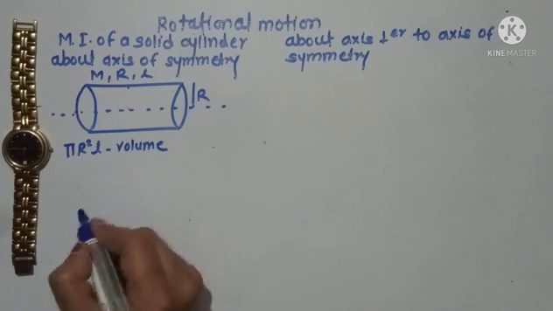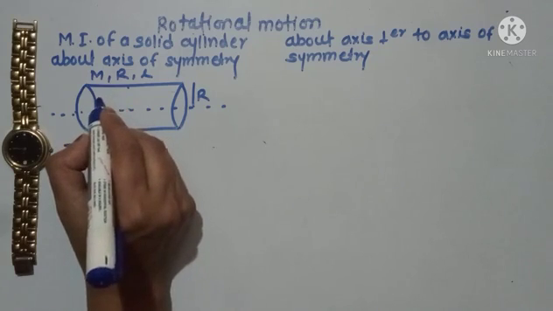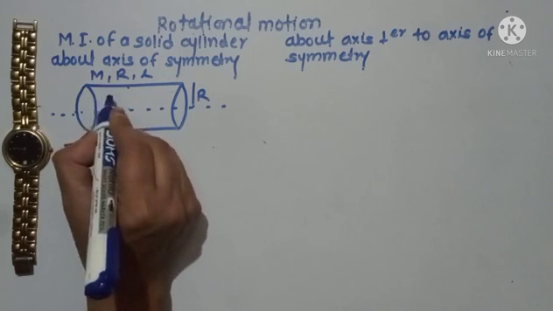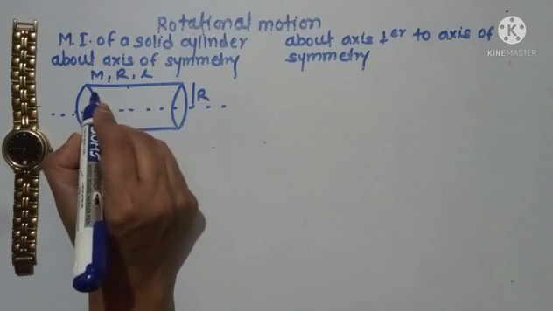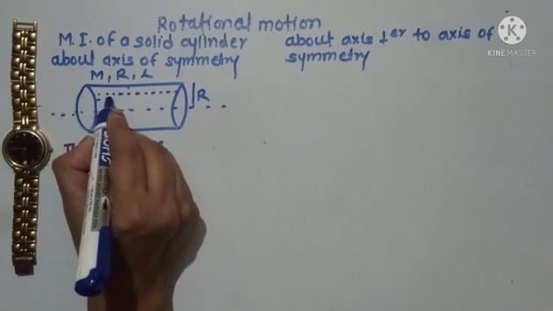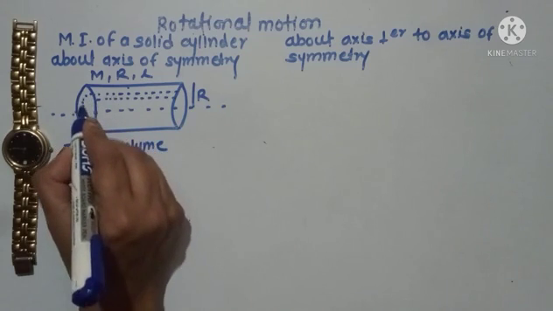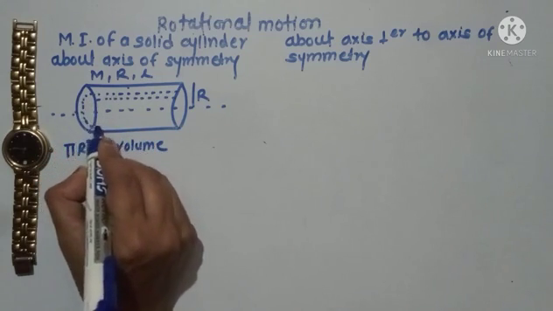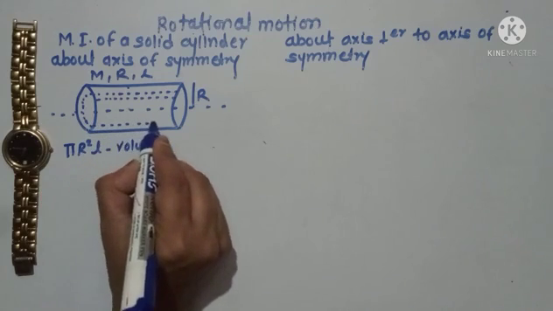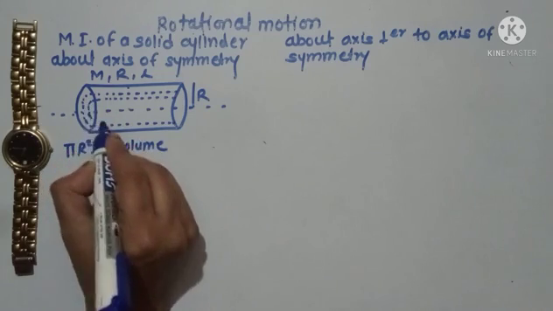And now if I consider some small coaxial cylinders of width dx, let me show it here. This is the width dx of the small cylinder which is inside the solid cylinder. This is imaginary but obvious.